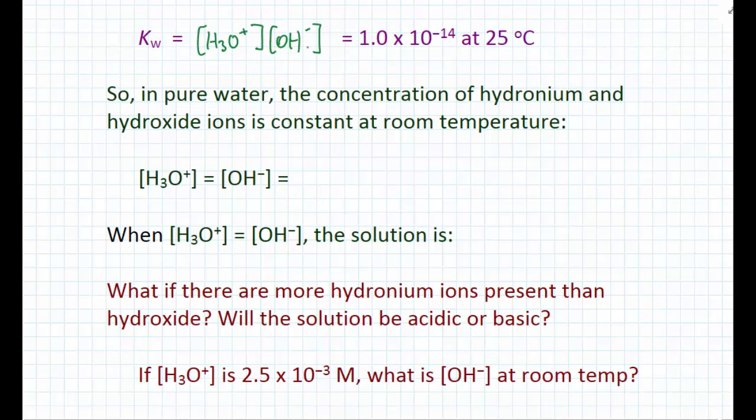Divide by 1. But if those two are the same, if those were x, if it was x times x equals that, it would be x squared equals this. So we'd have to take the square root. It's going to be the square root of 1.0 times 10 to the minus 14.